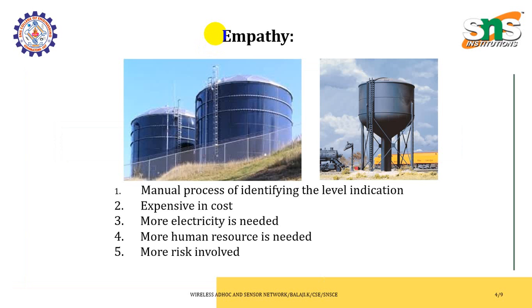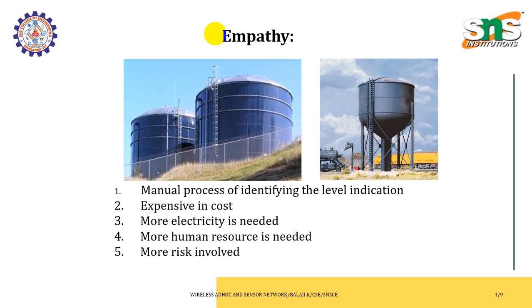When we discussed with the members of the company, we interacted with them about the issues regarding this major case. During the empathy part, they told us there is a process of checking the water level manually as a global concern.